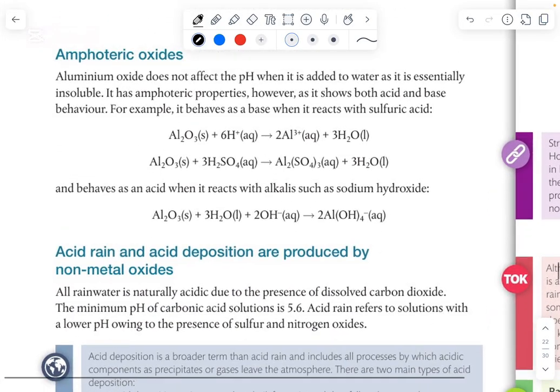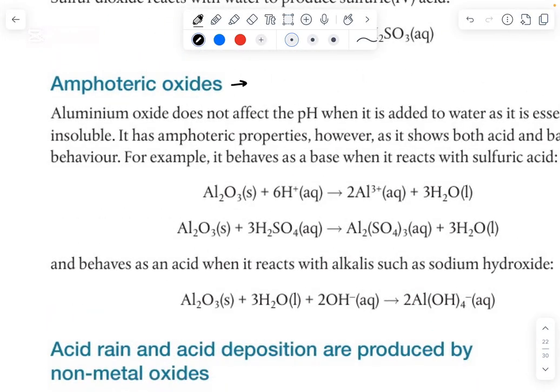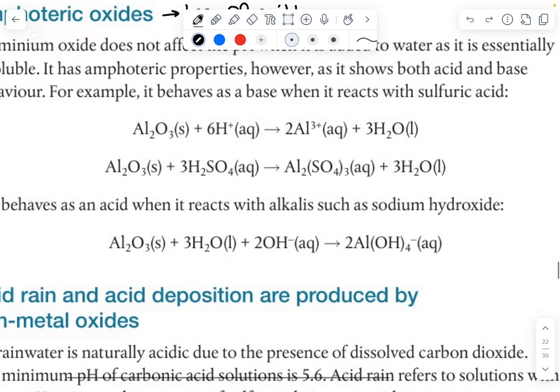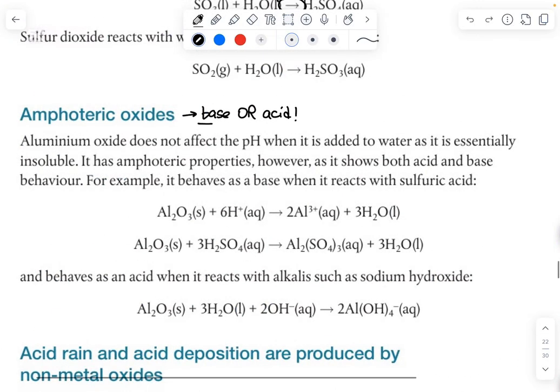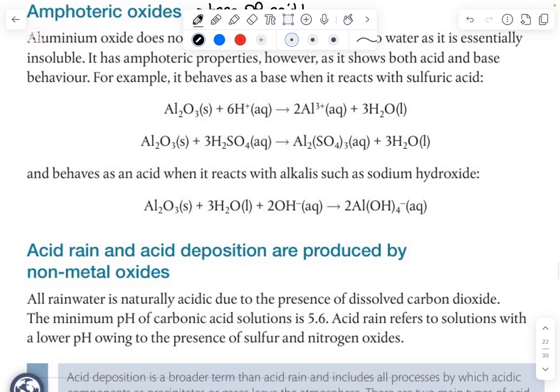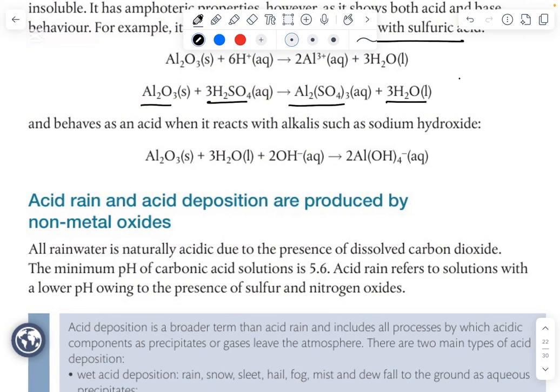And amphoteric oxides. These oxides can act as a base or acid, depending on what they're mixed with. An example is aluminium oxide. You don't have to memorize these chemical equations, but just know that they can act as a base or acid. Over here, it behaves as a base when it reacts with sulfuric acid, because of the neutralization reaction.